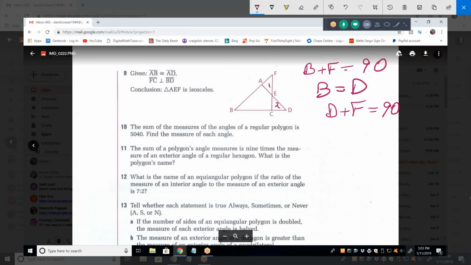AF equals AE is not going to depend on those two triangles being congruent unless we can prove that that one is isosceles. But ultimately, we have to prove that that side's equal to that side.